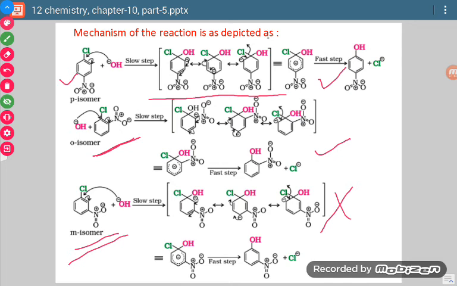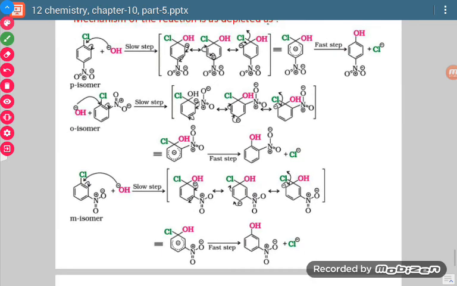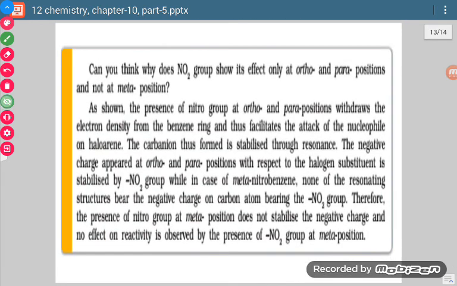But at ortho and para positions, the presence of negative charge on the carbon to which the NO2 group is attached stabilizes the molecule. So the reactivity increases when the nitro group or electron withdrawing group is attached at the ortho and para positions. This is what is shown here, that the NO2 group shows its effect only at ortho and para positions and not at the meta position.